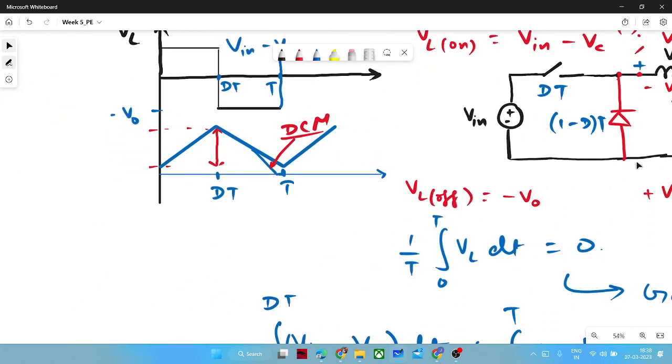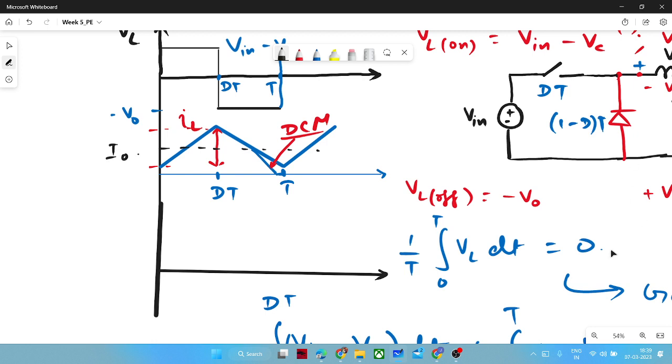If I plot IC here, since this was the plot for IL, if you compute the average value, it will have I naught.